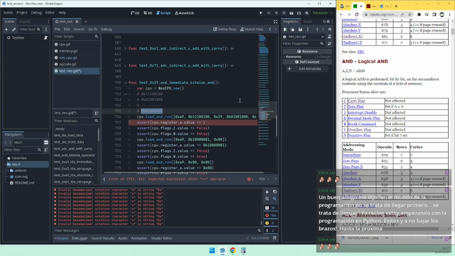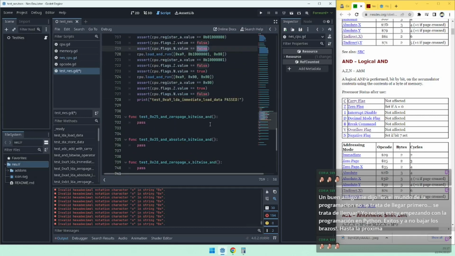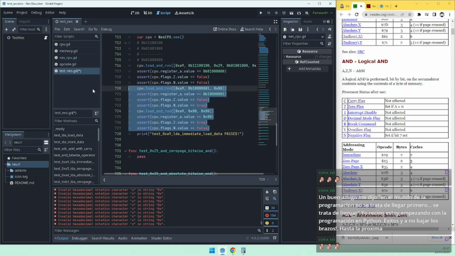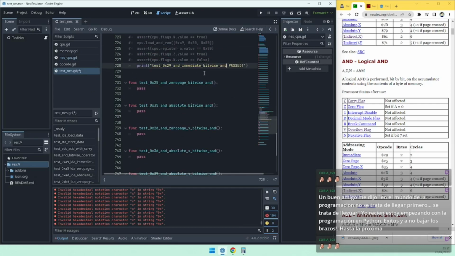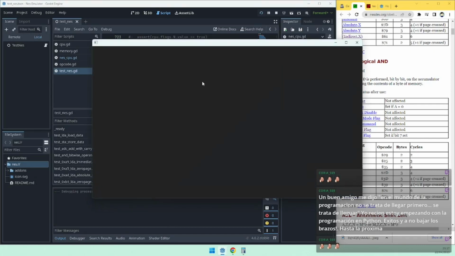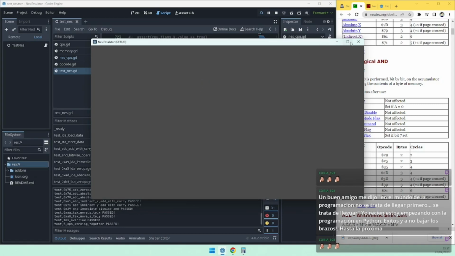This should be the result. Non-zero and non-negative. And for now I will comment this and see if it passes. And it does.